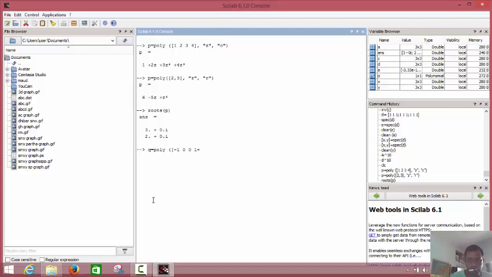So this can be written as z. We are just writing the polynomial, then we will solve.